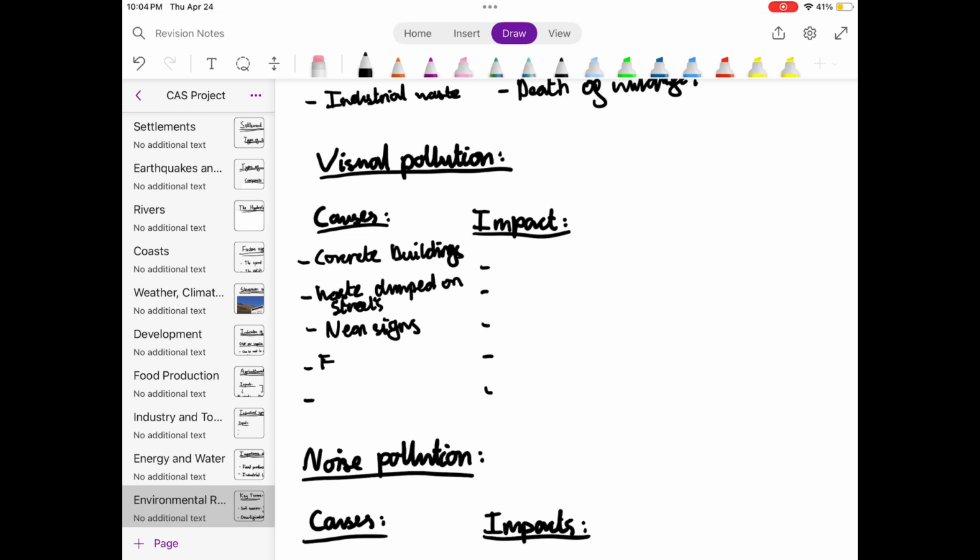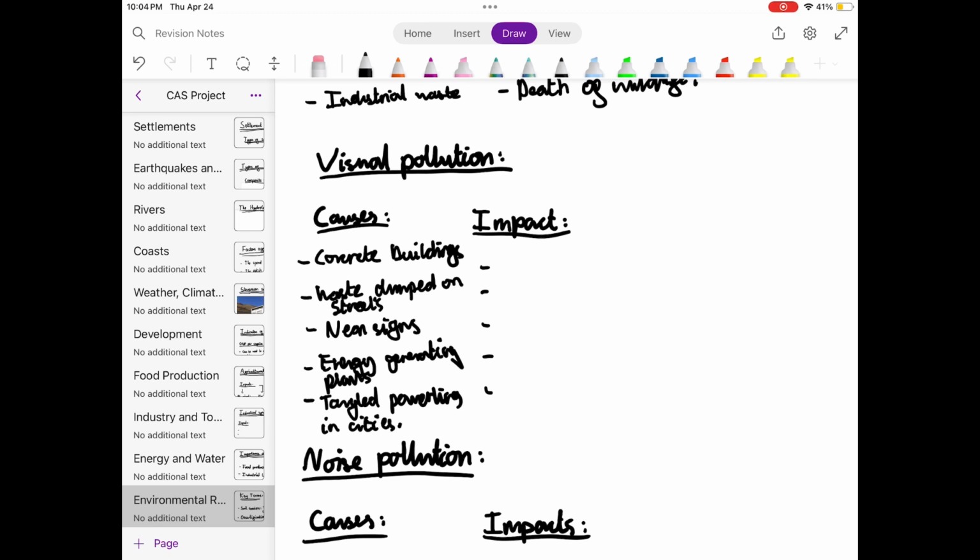Also energy generating plants, and also tangled power lines in cities.